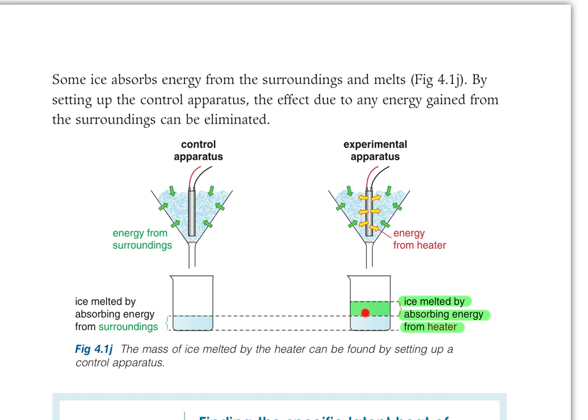The difference of the water collected is due to the heat from the heater, and that is the amount of ice melted by the heater. And so we may make use of this M2 minus M1 to find the specific latent heat of fusion of ice.